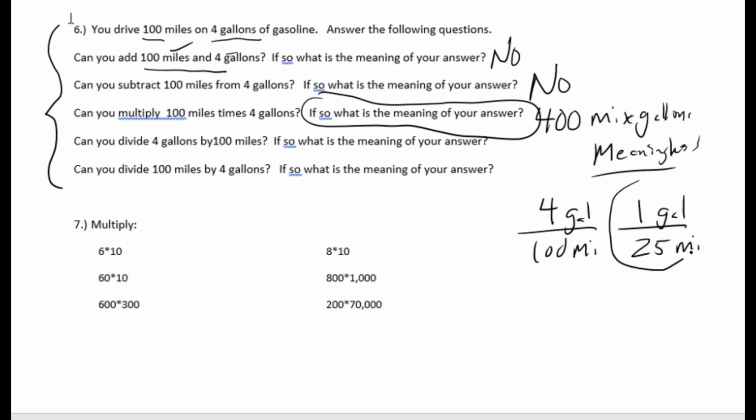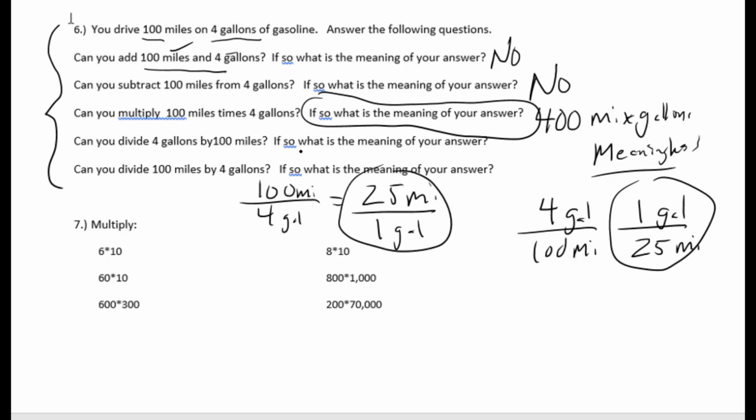Does that make sense? Absolutely. 1 gallon per 25 miles. And can I divide 100 miles by 4 gallons? And I can divide that, and I get 25 miles per 1 gallon, which is completely, you understand what that means.